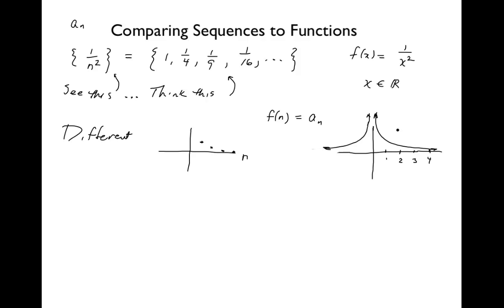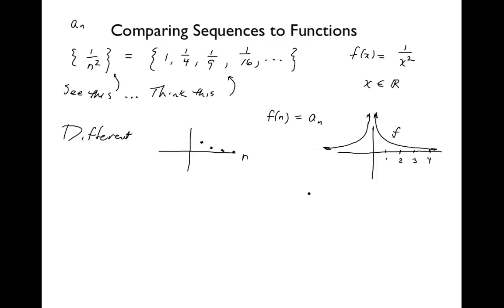So here's f, and this is a sub n. How are they different? They're different because that's a set of discrete points, and this is a continuous function, except at 0. There's a break at the asymptote there. But in general, we've got a continuous function.